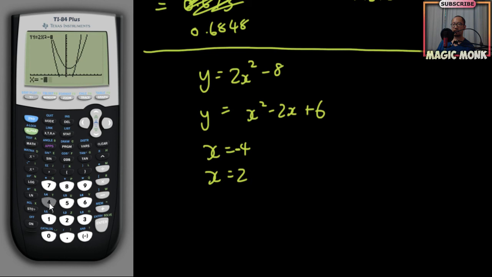X is negative 4, so yeah, that's over there. Y is 24. What about the other line? The other line, when x is negative 4, y is 30. Let's just make y 35 then.